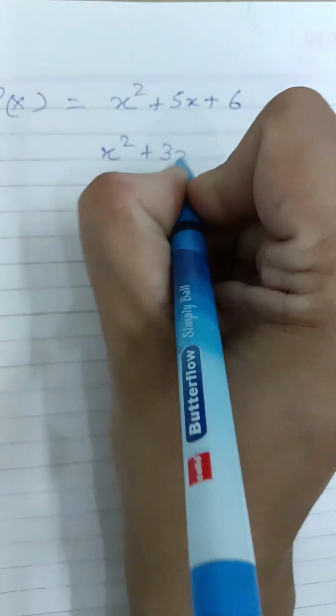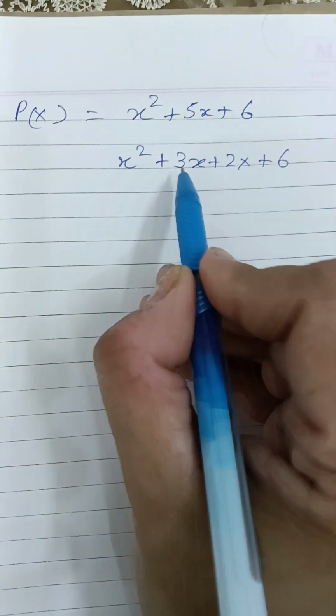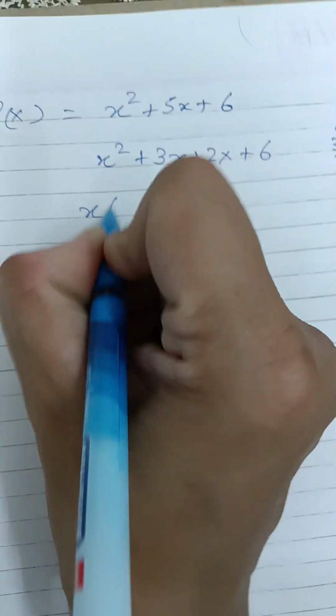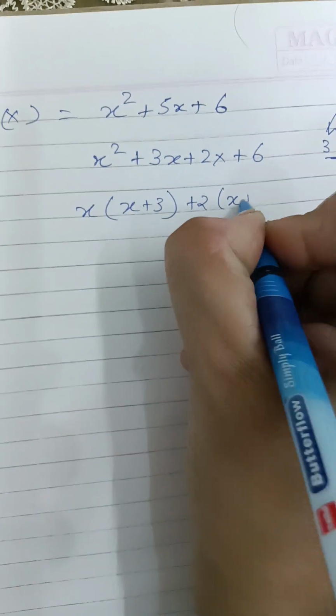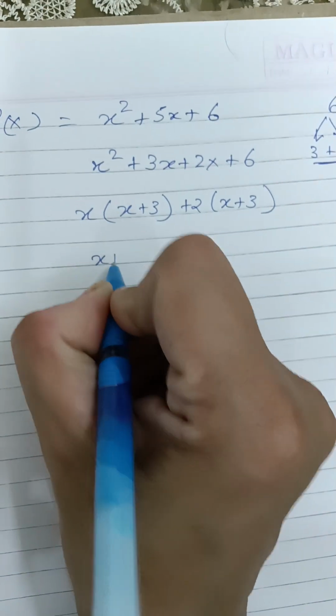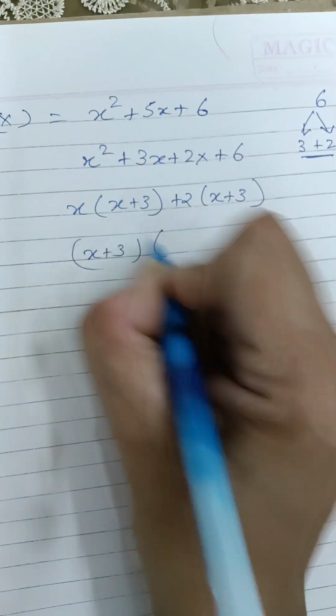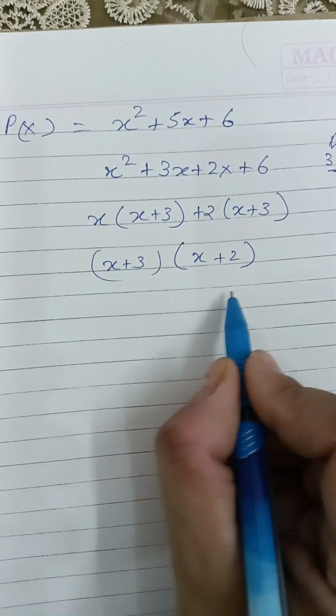So this is the possible split. I replace this 5x with 3x and 2x, and a 6 here. Now you can take x common, you get x plus 3, and a 2 common, again you get x plus 3. Now you can take x plus 3 common from both. From here you have an x and from here you have a 2. So these are the two possible factors.